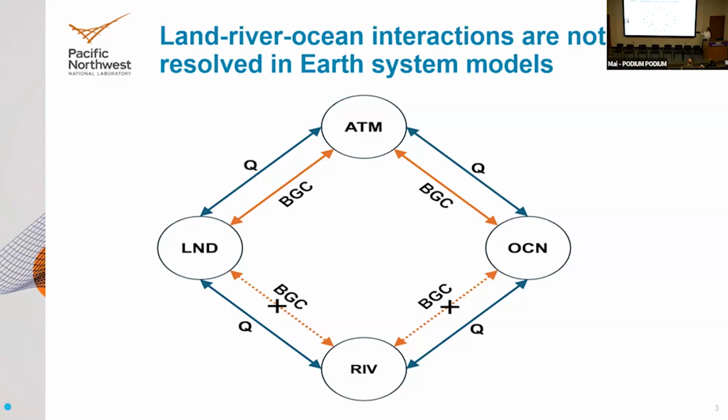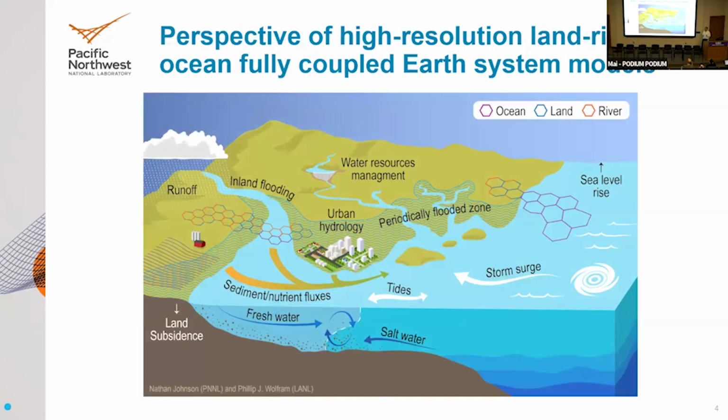As you can see, although the water cycle right now is closed, the biogeochemical cycles are not closed in current Earth system models, particularly the biogeochemical fluxes between the land and ocean through river networks, and their direct flux are also not represented. So to address these limitations, our project is developing a high resolution, fully coupled land, river, ocean E3SM model.